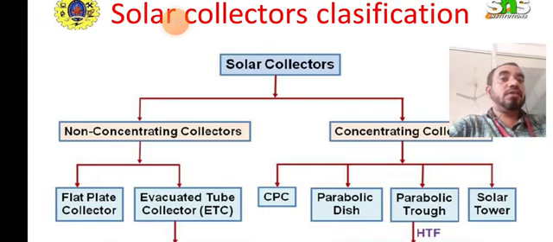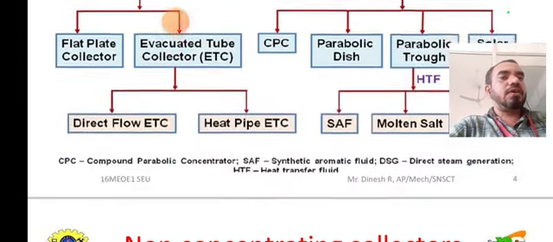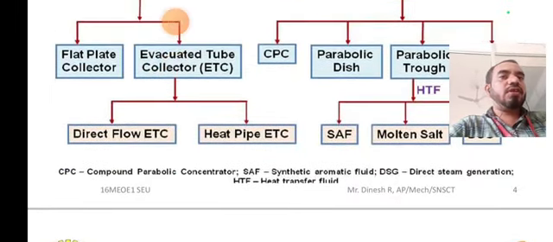On the concentrating collector side, they are further classified into four: CPC, parabolic dish, parabolic trough, and solar tower. These are the four types of concentrating collectors. The evacuated tube collectors are further classified into direct flow evacuated tube collectors and heat pipe evacuated tube collectors.